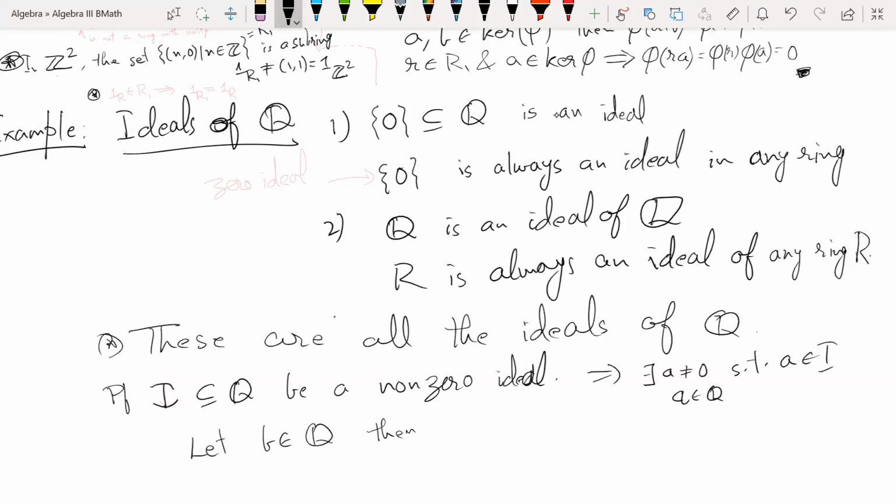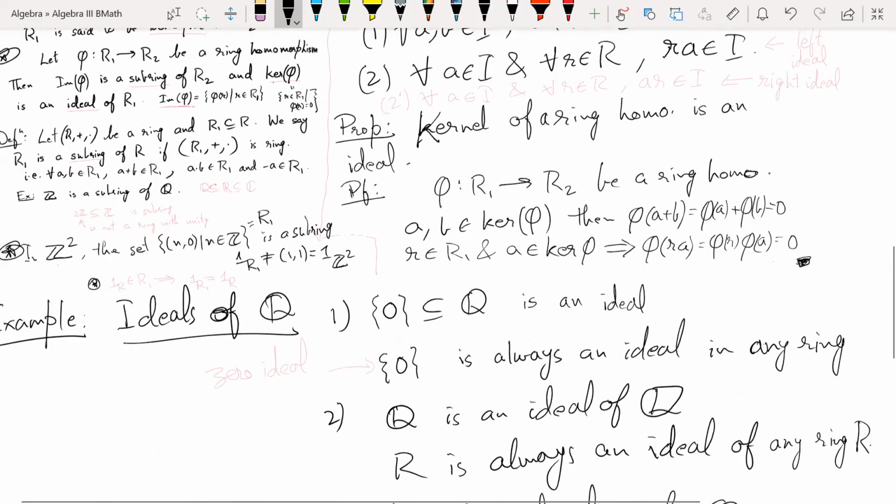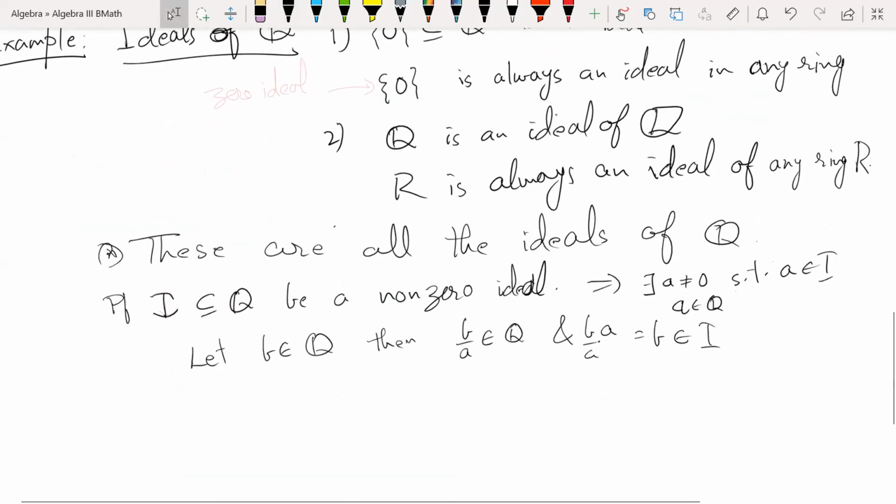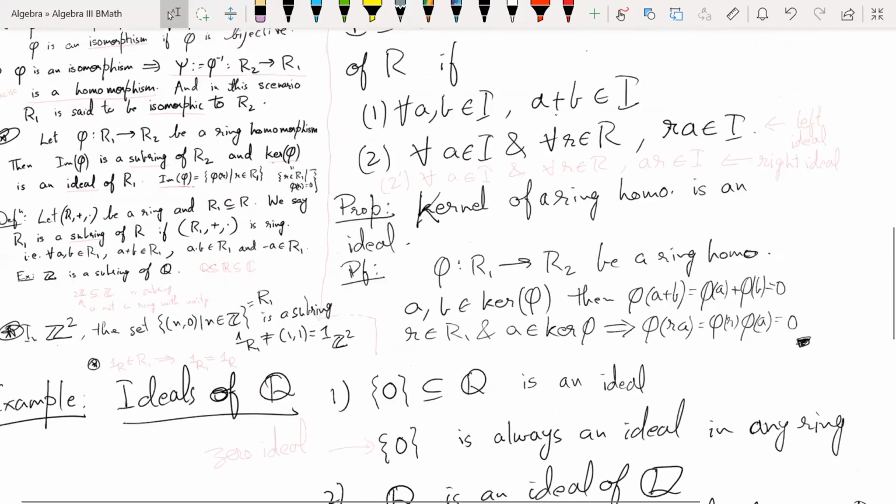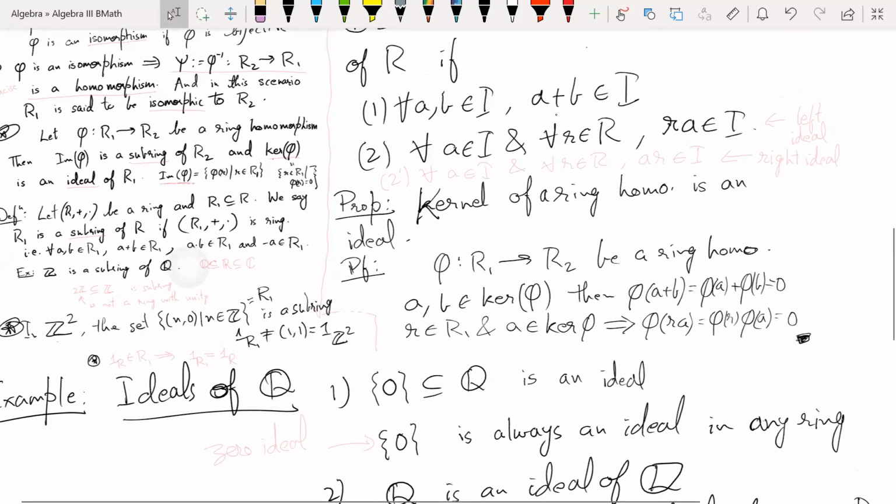Then note that A is non-zero, so B over A belongs to the rational numbers, and B over A times A is equal to B. So B over A is a rational number, A belongs to the ideal, so this product has to belong to I, by the second axiom of the ideal.